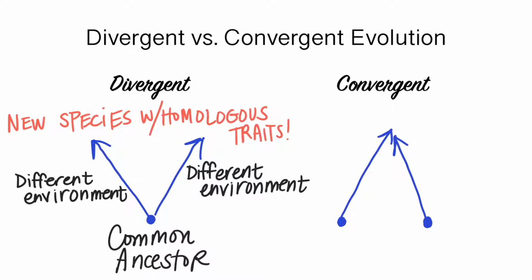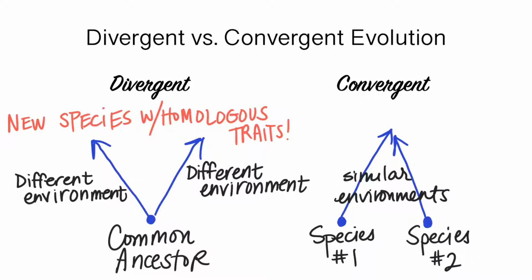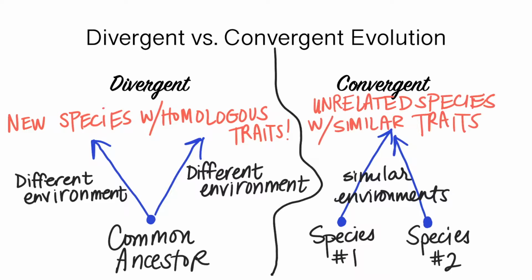In contrast, convergent evolution means that two different species, perhaps living in similar environments, faced similar selective pressures. This will not lead to homologous traits, but rather it leads to traits that are similar because the environment was similar, but these traits are not actually evidence that these two species evolved from a common ancestor.